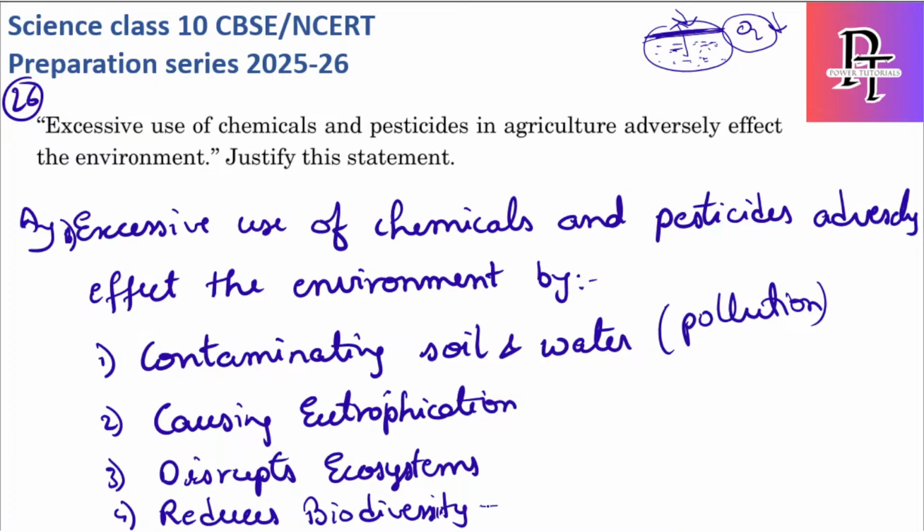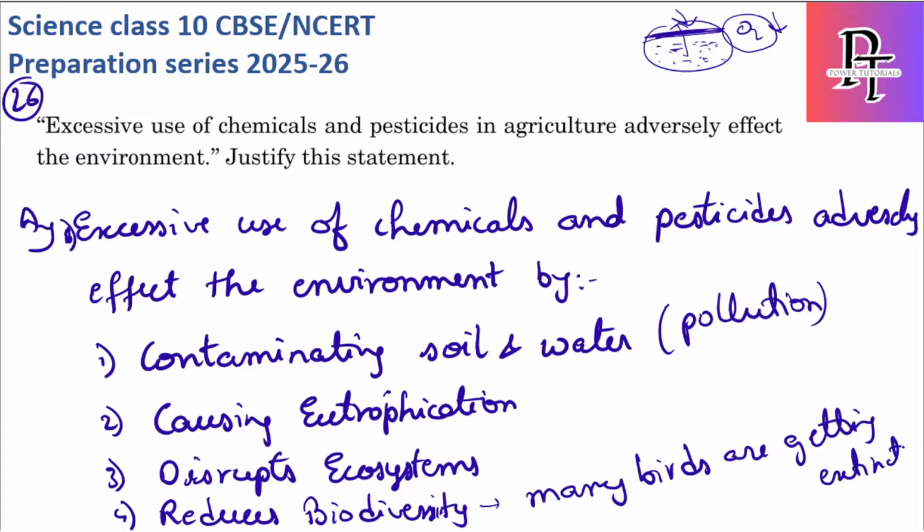Reducing biodiversity is the reduction of population. You might have seen that many birds are getting extinct, and even a few animals are also getting extinct. Why is this happening? Because of the pollution and because of the chemicals and pesticides in agriculture, which are getting eaten by the goats or even birds.